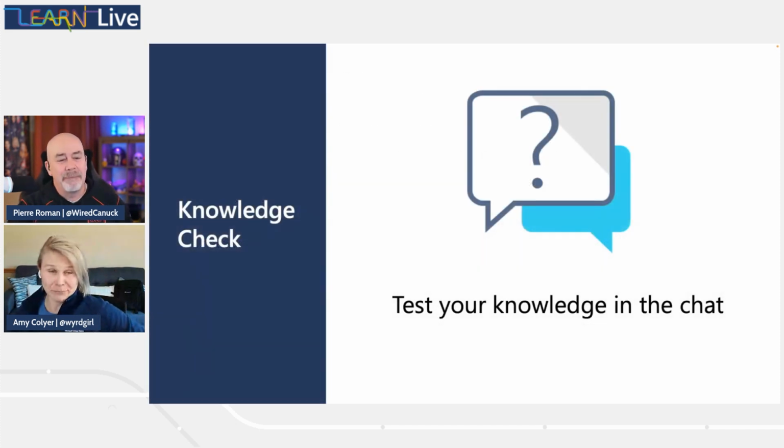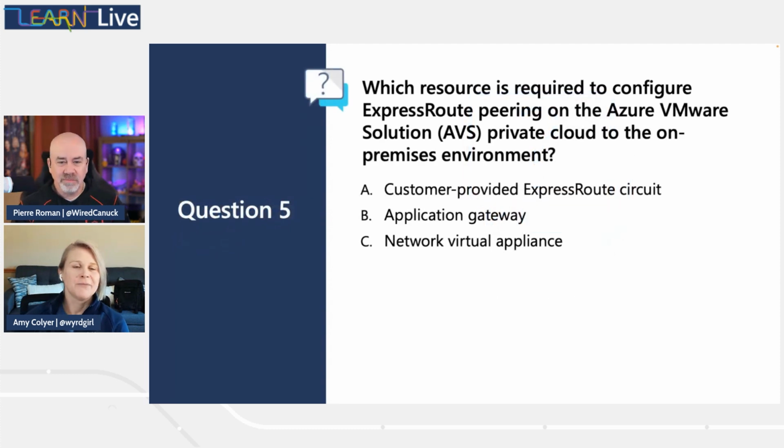I kid mostly. So now we got a knowledge check. Are you excited? Yes. Let's see if I learned anything. All right. Which resource is required to configure ExpressRoute peering on the Azure VMware Solution private cloud to the on-premises environment? Well, a customer provided ExpressRoute circuit is what we were just talking about.